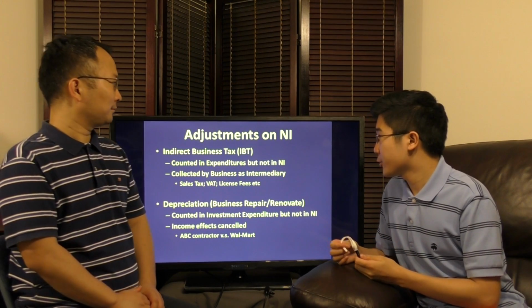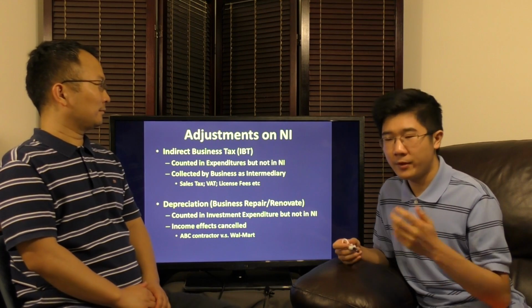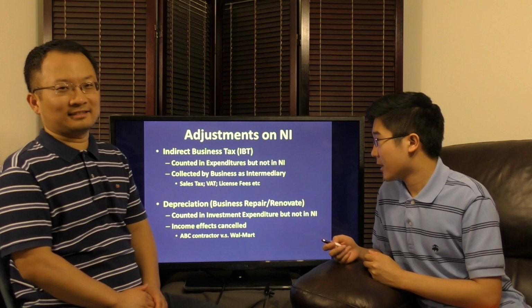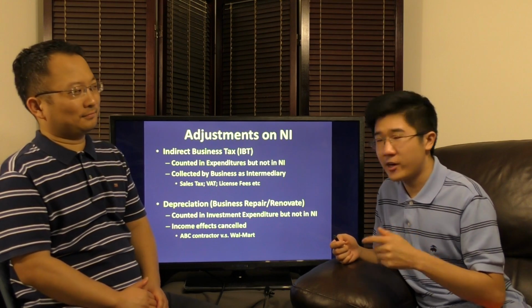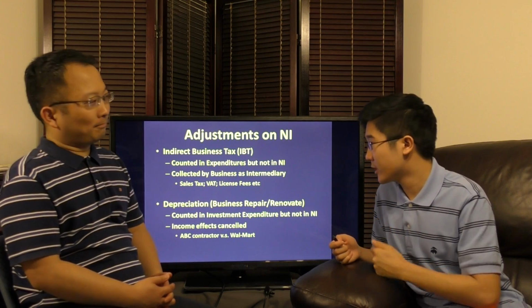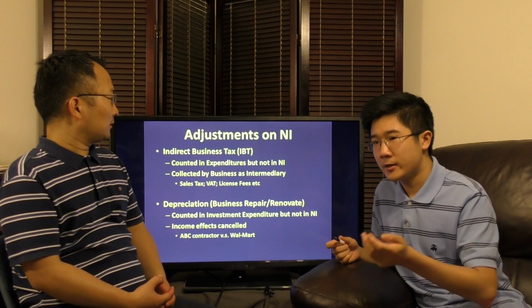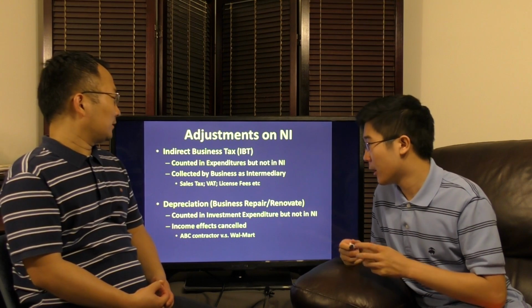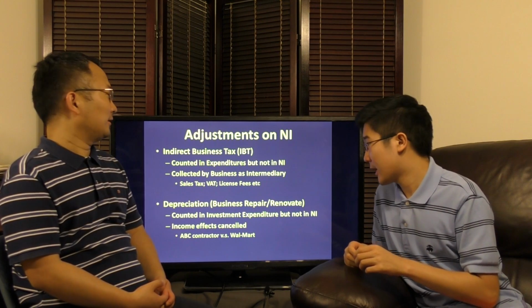However, the second part is we need to make adjustments for what national income does not count, but what expenditures does count. The indirect business tax is one thing we need to count, because it is counted in our expenditures method of calculating GDP. Basically, these are taxes the government places on the intermediary steps of a business, such as a sales tax or a value-added tax, which is used in a lot of European nations, and minor things like license fees.